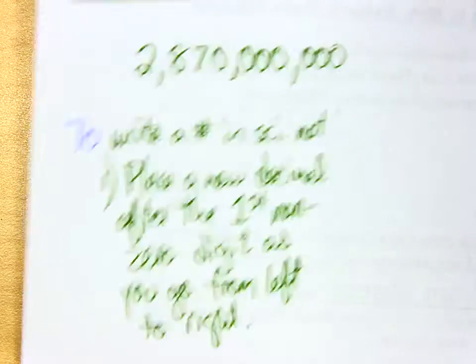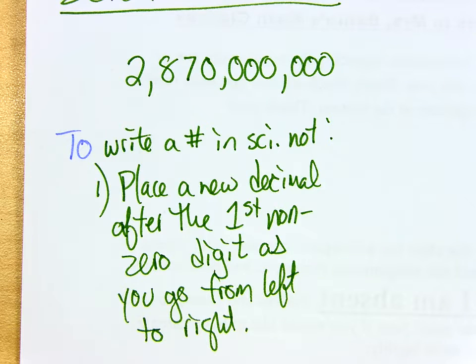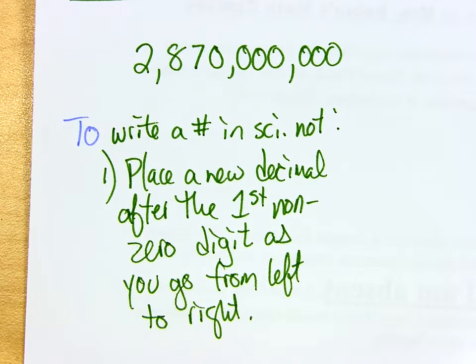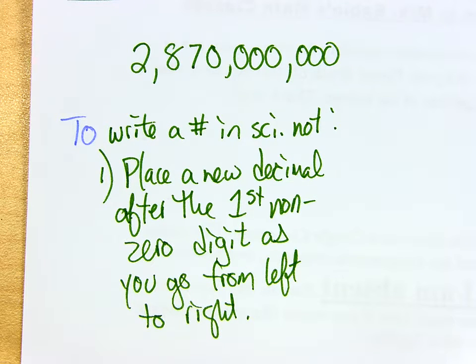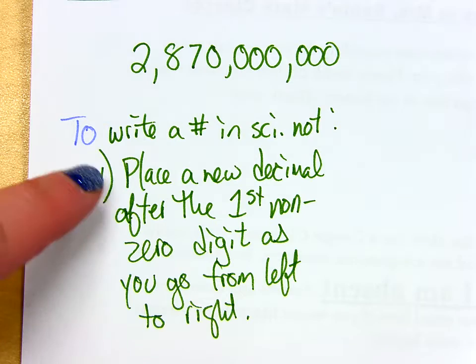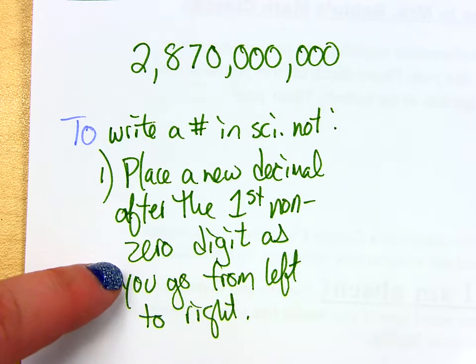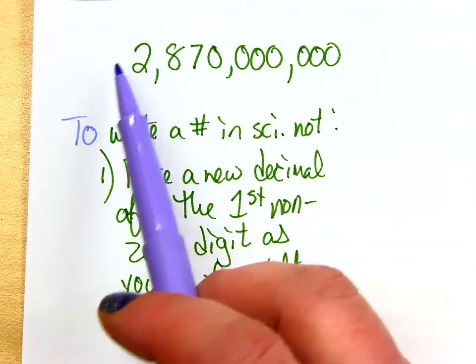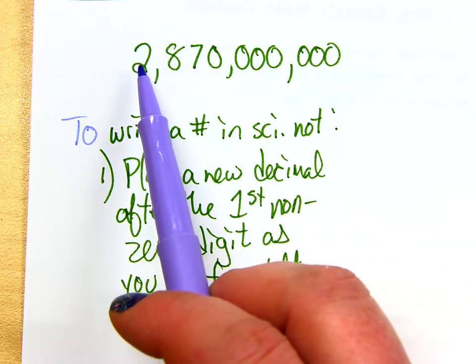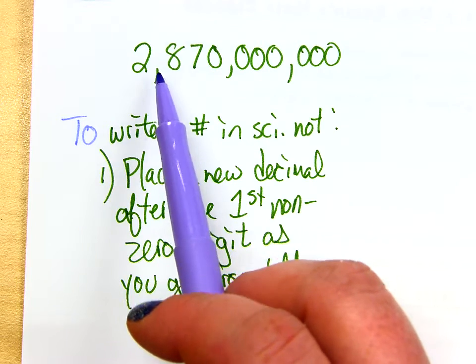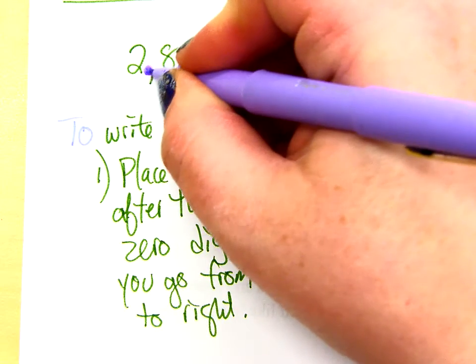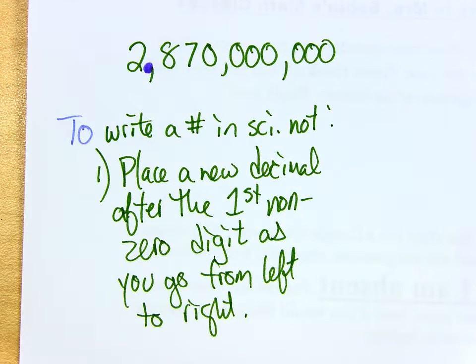This will become second nature once you do a couple of them. It'll take me a little while just to explain it the first time. So I start at the left of my number and I'm going to move right. The first number that I pass that's not a zero, which happens to be my first number this time, I put a new decimal right after it. So that's my new decimal.